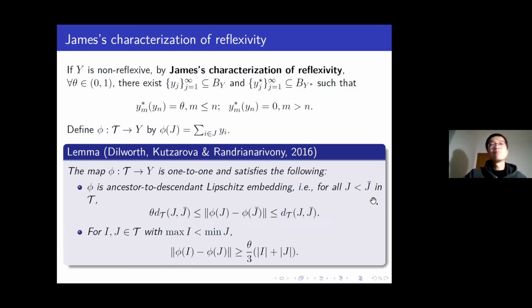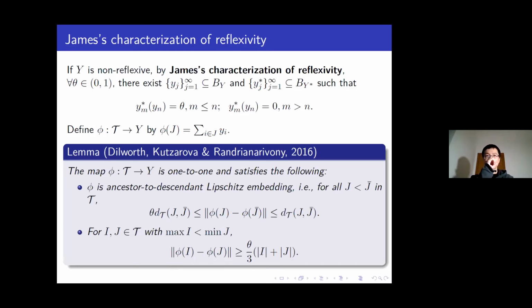Okay, and the second property says that for those vertices that are far apart, by far apart I mean the maximum number of the first vertex is smaller than the minimum number of the second vertex, whenever you have such vertices, the distance between their images under phi must be separated in some sense. Okay. So these are the two nice properties that phi satisfies.